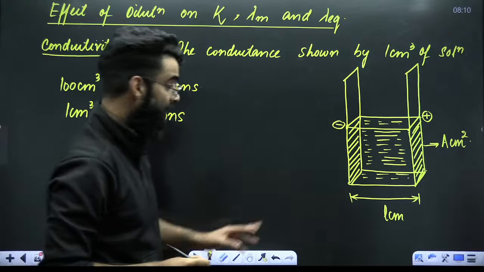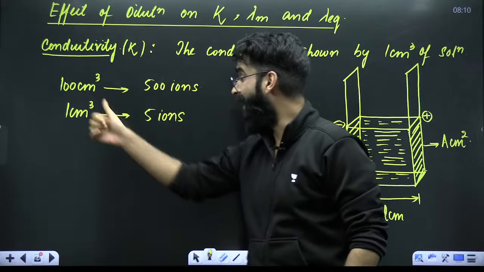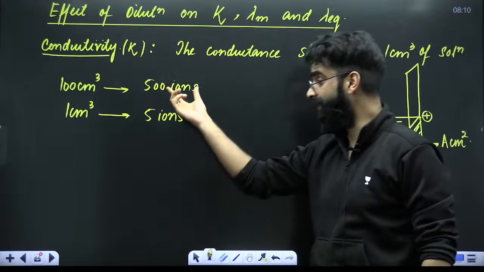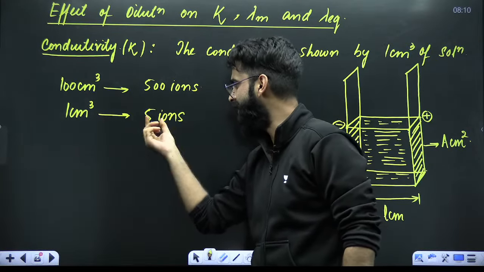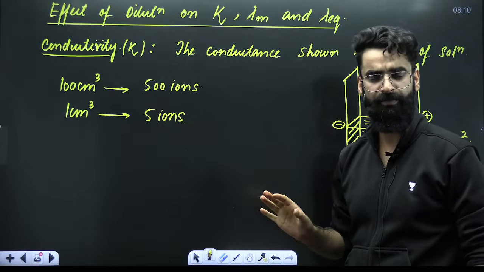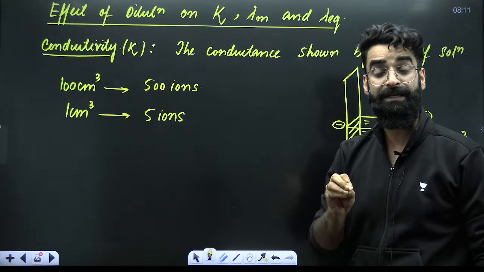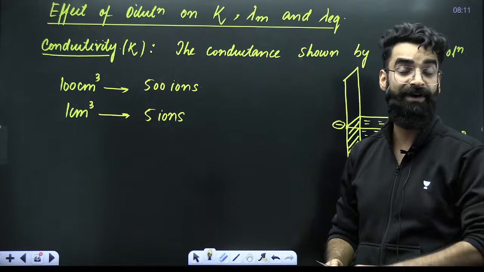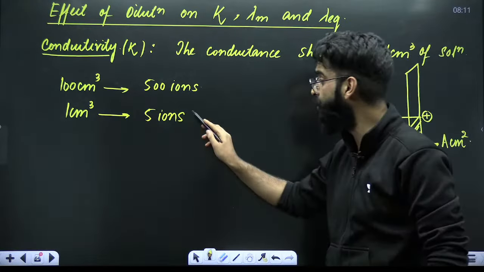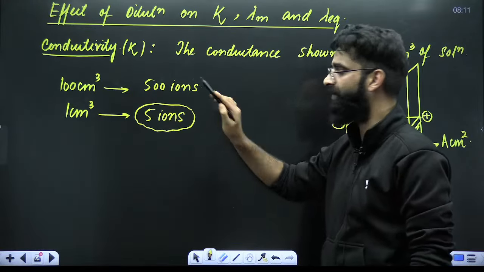So in 1 centimeter cube of solution there are 5 ions present. Perfect. So whatever the value of conductivity, that is due to these 5 ions.